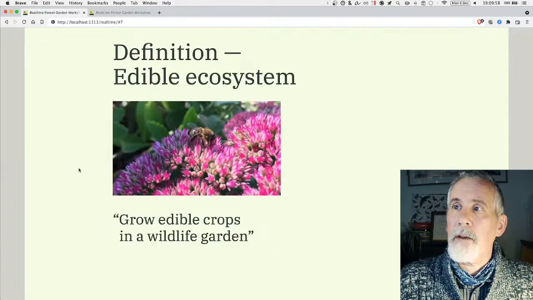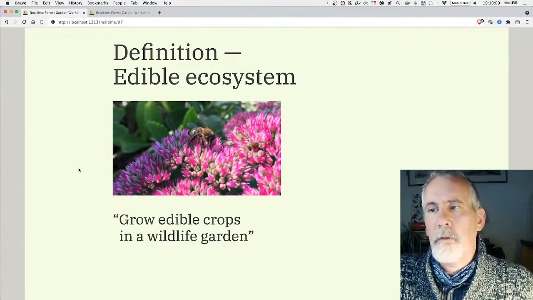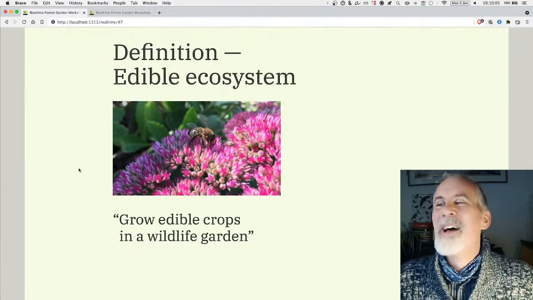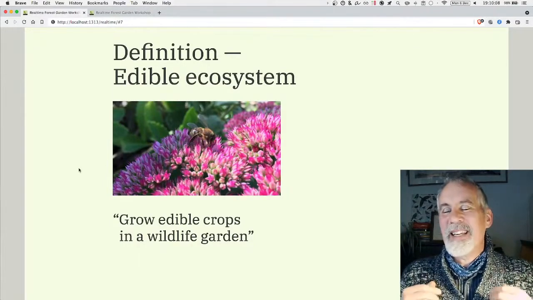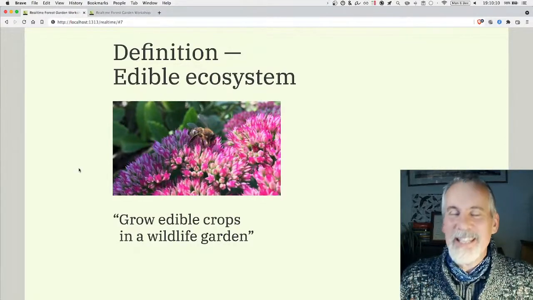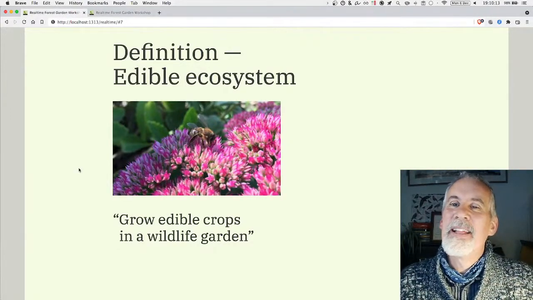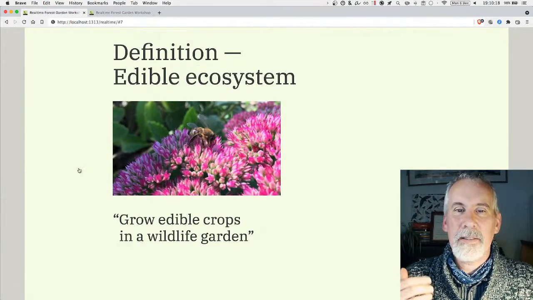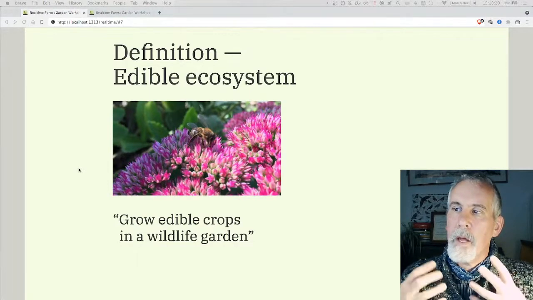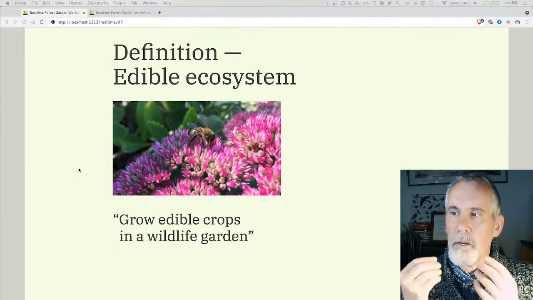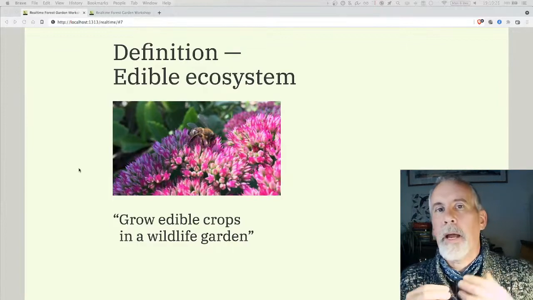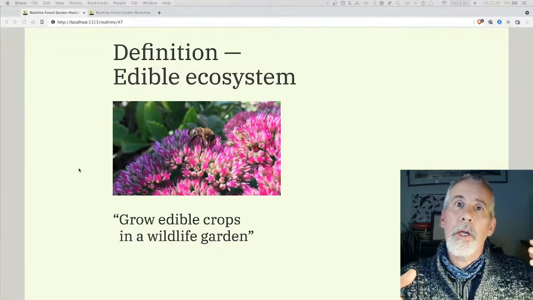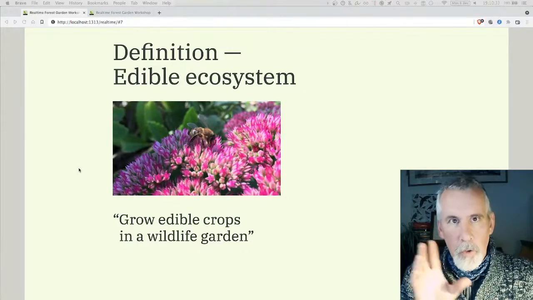So, definitions of a forest garden. It is an edible ecosystem, is a short way of saying it. The traditional definition of a forest garden is about layers of trees, and it's emulating the edge of a woodland, and it's all around about the cool temperate.